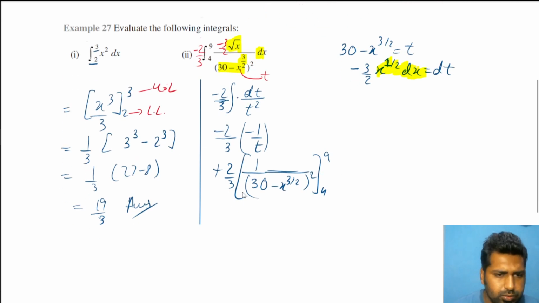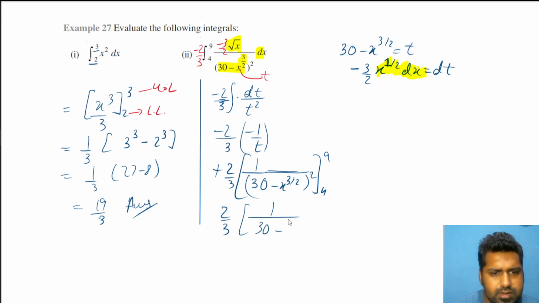Okay. So 2 by 3, upper limit, if we put 9, so 1 upon 30 minus 9 raised to power 3 by 2. If you solve this, 9 is 3 square, so 3 square raised to power 3 by 2, the 2 cancels, 3 cubed, so 27.